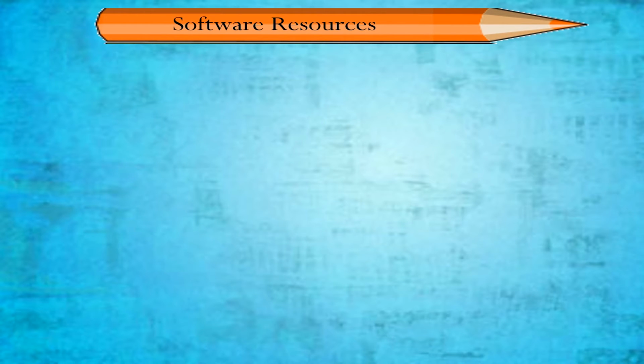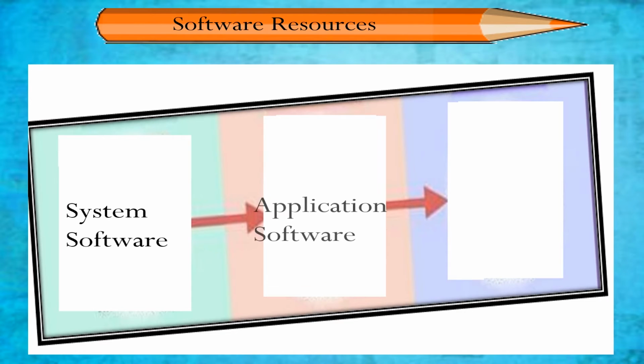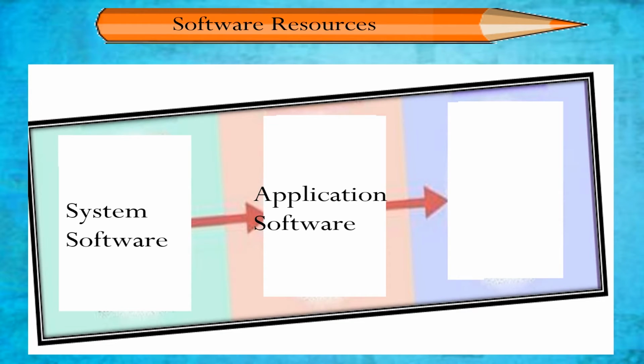And these include A. System software such as operating systems. B. Application software such as a sales analysis program. And C. Utility software such as typing and spreadsheet software.